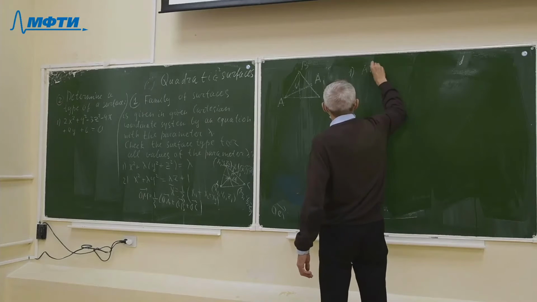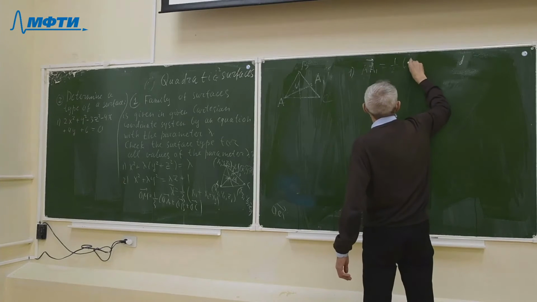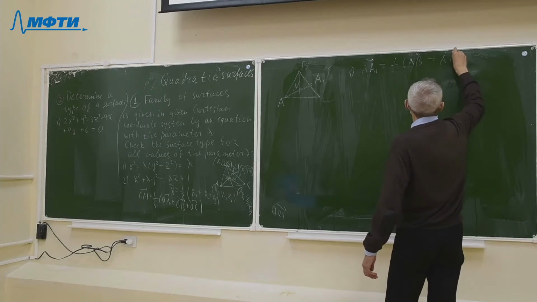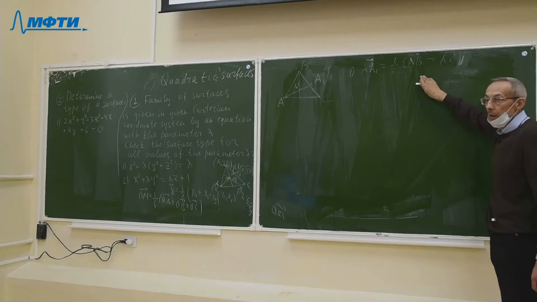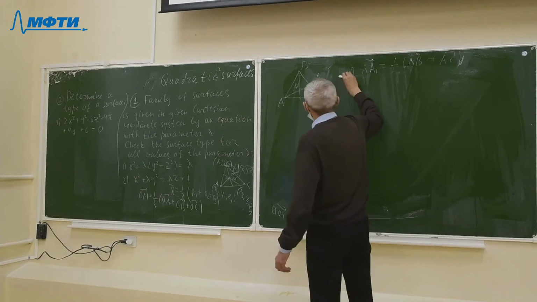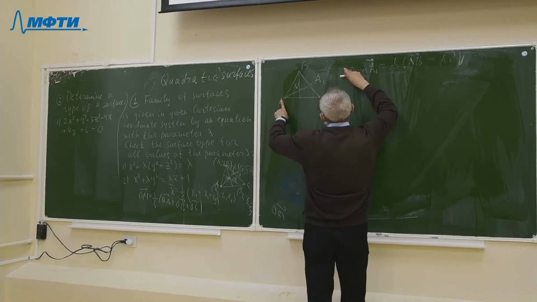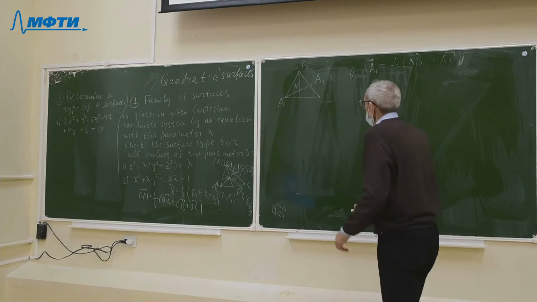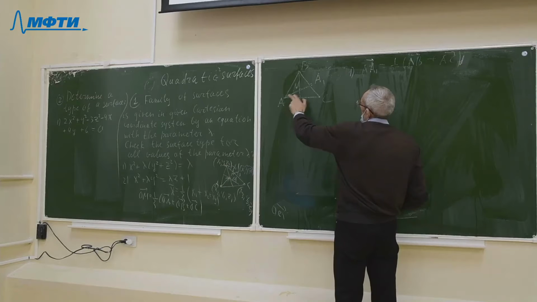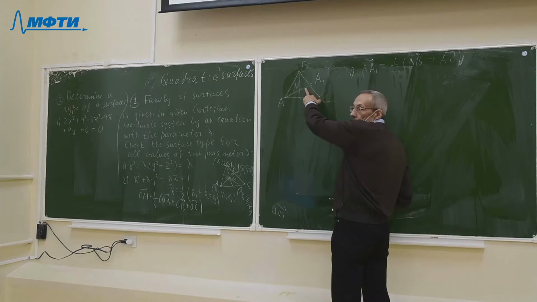First, AA1 is equal to half of AB plus AC. Do you understand? Yes, we have a parallelogram, and if we continue this vector, we obtain twice the vector, which is the diagonal of this parallelogram. And this vector is half of this diagonal.